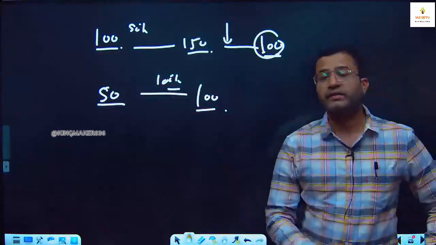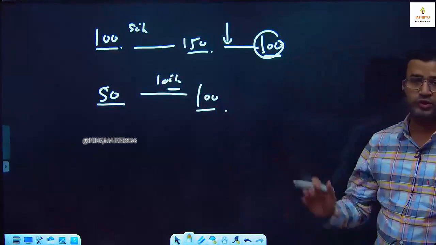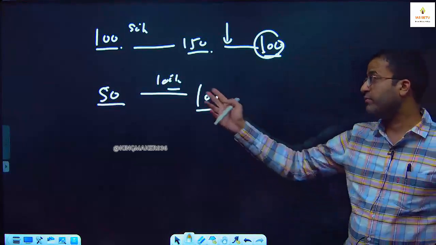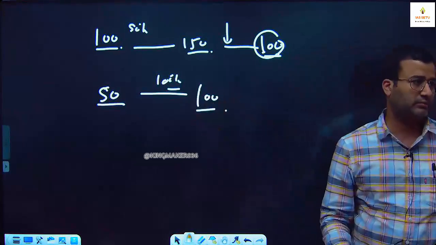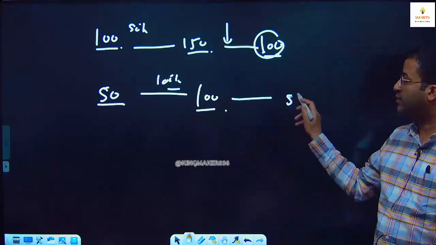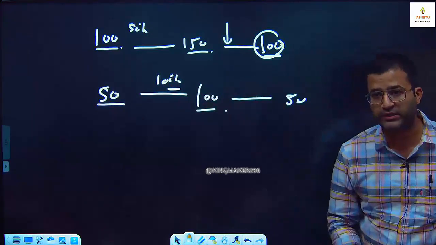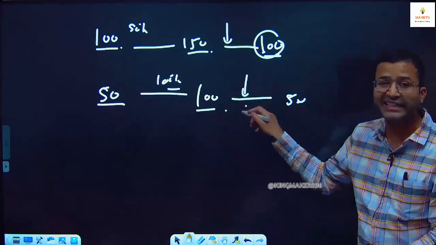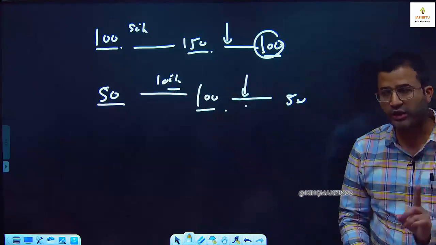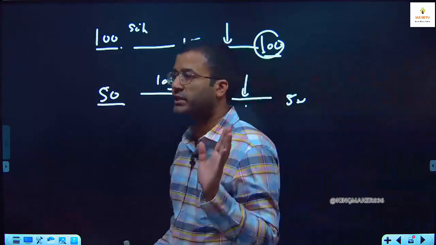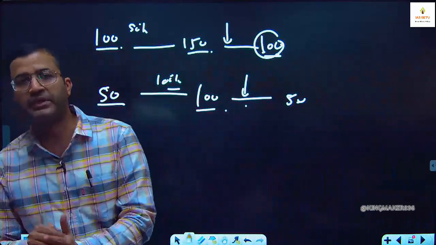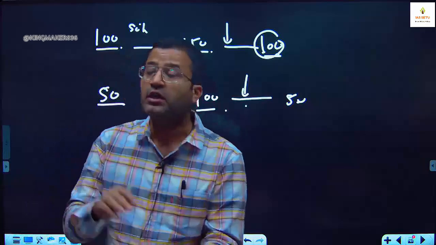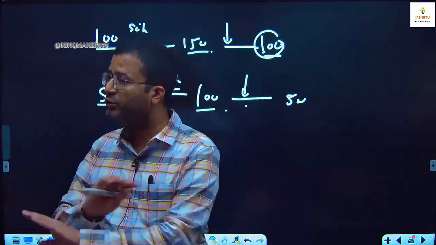Okay, and there is a hue and cry by the opposition, and this government wants to take this price hike back. They want the petrol price to be the same as the initial petrol price. So what they have to do, if there is an increase, now they have to decrease the petrol price. So there are two effects, one increase, one decrease. Our type is applicable for a two-dimension figure.